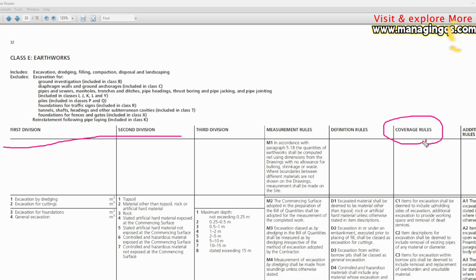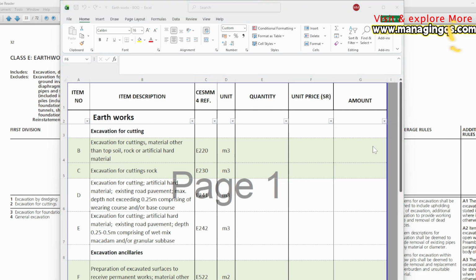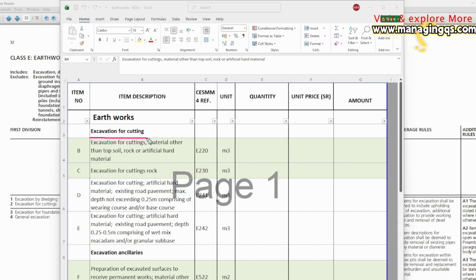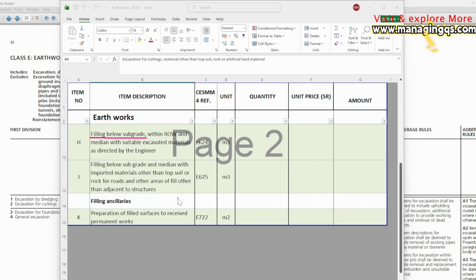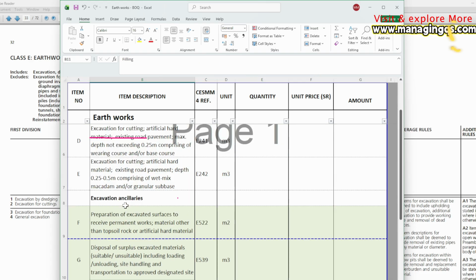The coverage rule indicates what items are to be considered in your BOQ rate. So this is one of the sample BOQs in the earthwork for the infrastructure project. You can see here excavation for the cutting, and also we use some cutting and filling for other general excavation.